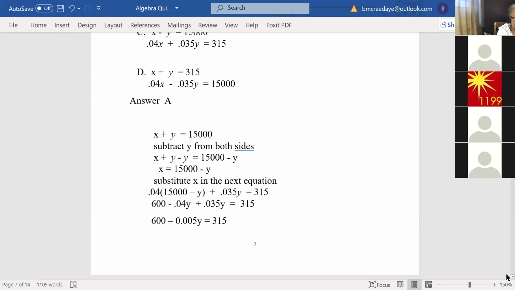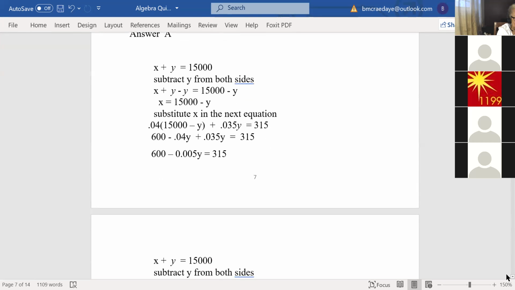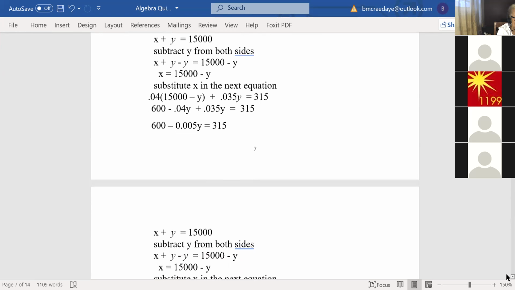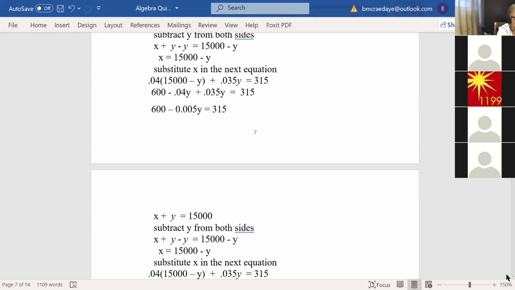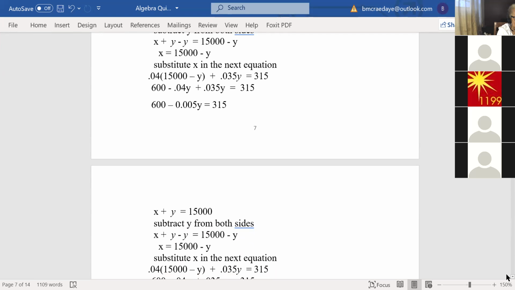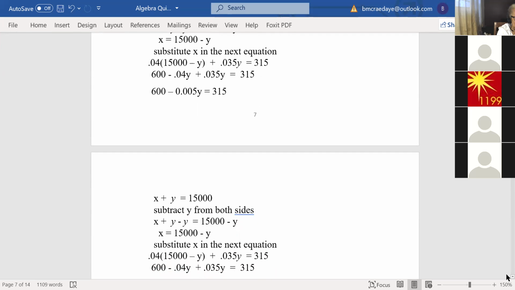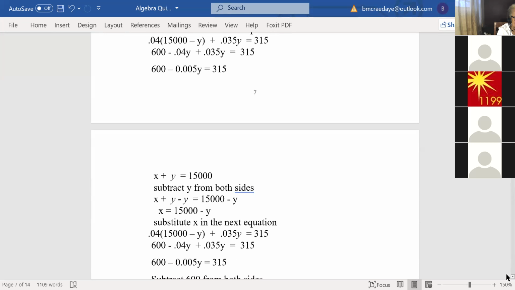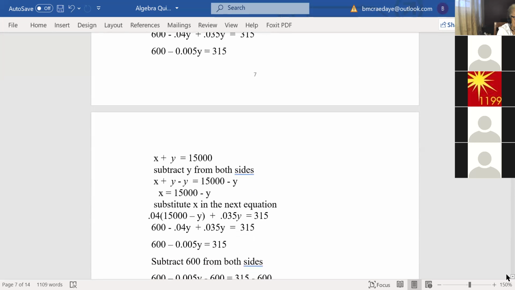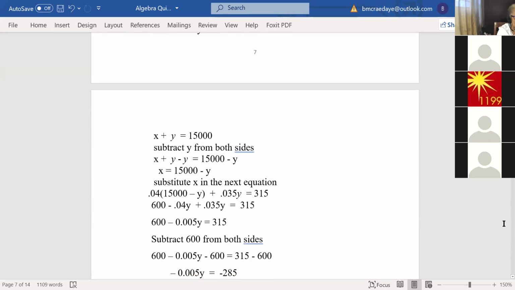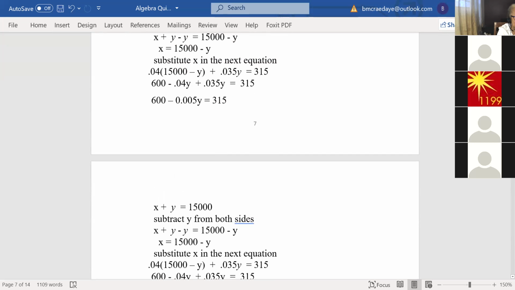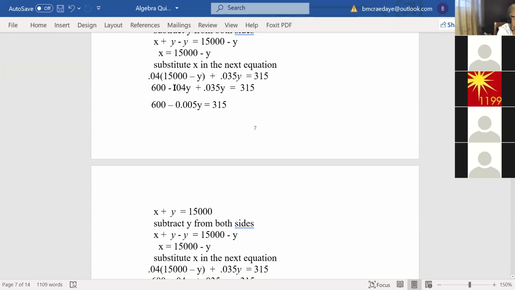Okay. 600 minus 0.04 is 599.96. I don't know if that's right. Yeah, right here. 0.04 times 15,000 is 600.